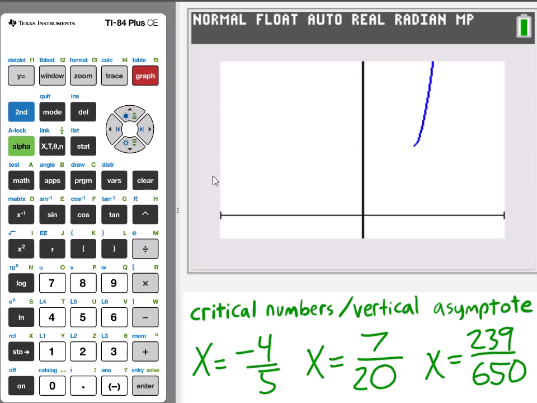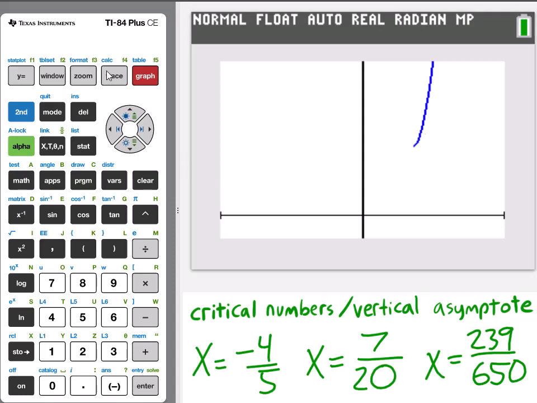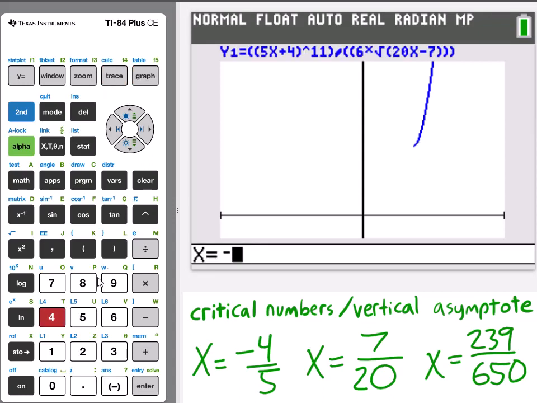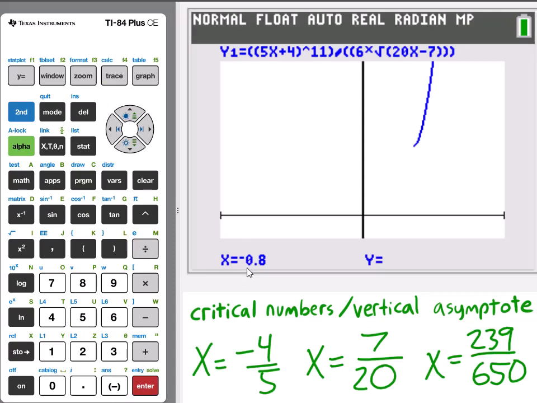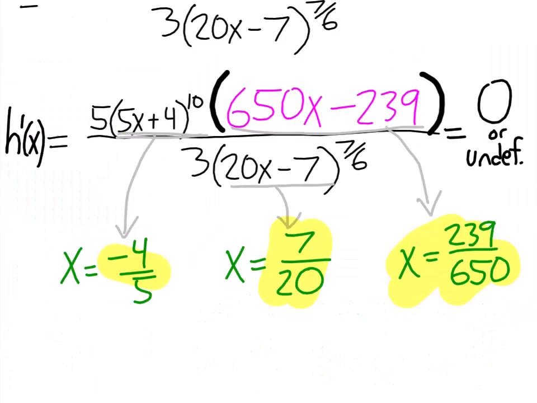From our previous calculator experience, we may still have some sense that something's not quite right here. Let me trace to one of the other critical numbers. Let me trace that negative 4/5. Somewhat switching gears here. And when I do that, notice there's no y value at all. And when you think about it, we can find that that's actually an extraneous solution.